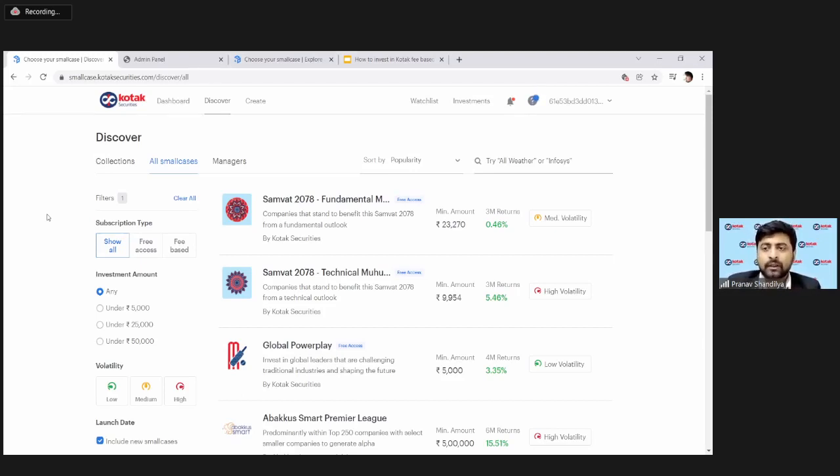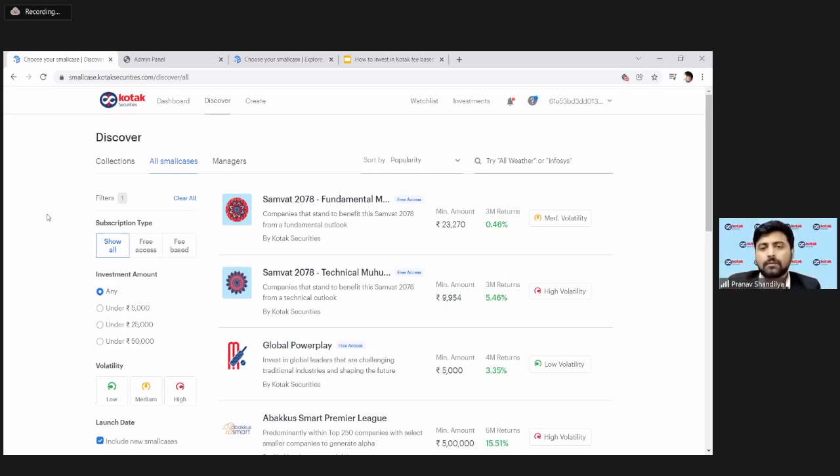Before we explore how to do that, let us try to fundamentally understand what a Kotak basket is all about. A Kotak basket is nothing but a group of stocks that has been designed with a particular idea or theme. This idea or theme could be dependent on a variety of factors.